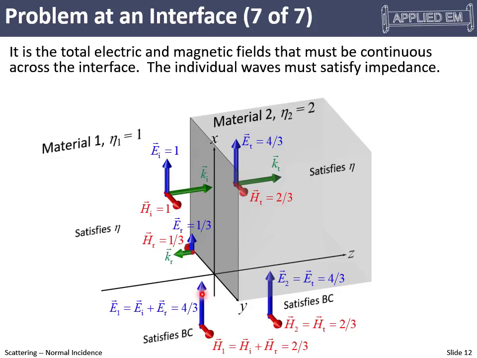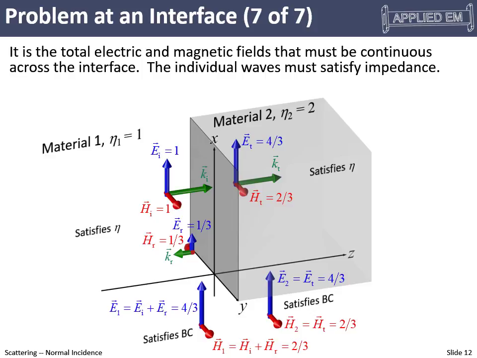So the total electric field is the sum of the electric fields of incident and reflected, and we get 4/3, which of course matches to the transmitted side. And the total magnetic field is 2/3, which of course matches also to the transmitted side. So it's the total field that has to satisfy boundary conditions. It's the individual waves that have to satisfy the impedance.